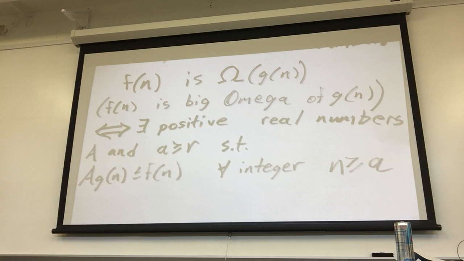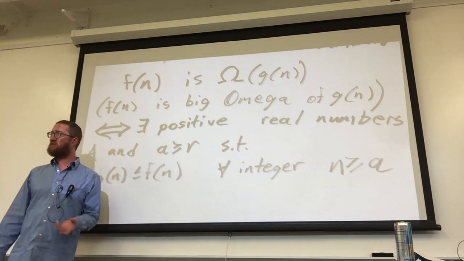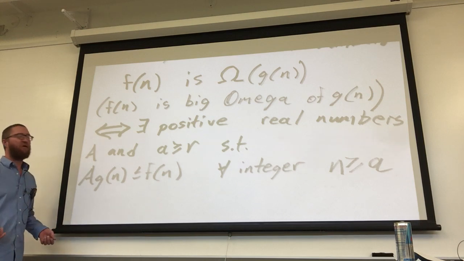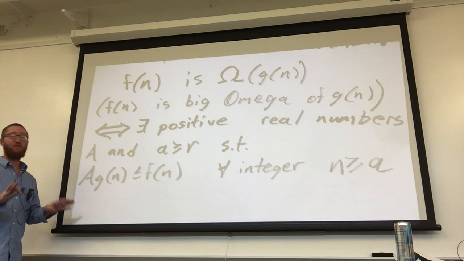So why do we need these two numbers? In the previous statement, we said that there exists an r such that g of n is always going to be greater than or equal to 0 after r. So we know that g of n is going to be positive after r. This statement is saying there exists an A past r such that f of n is going to be greater than or equal to some constant multiplied by g of n.